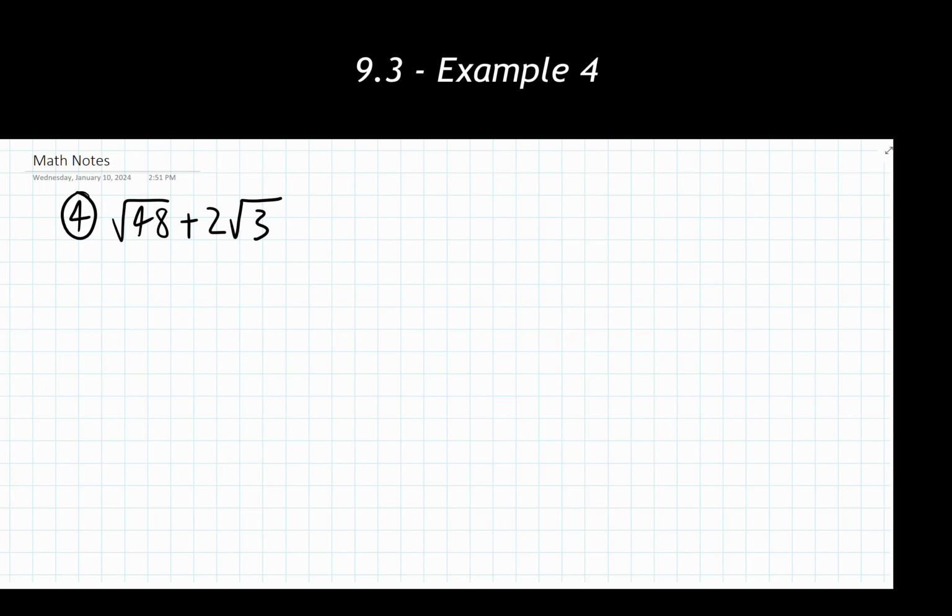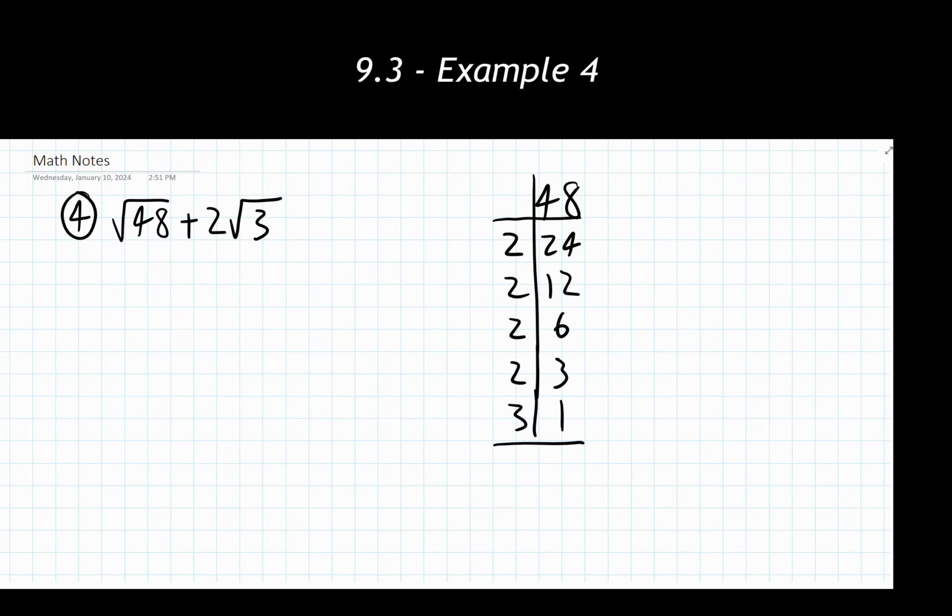So let's find the prime factorization of 48 like we've done in the past. It's in our table. So 2 goes into 48 24 times, 2 goes into 24 12 times, 2 into 12 6 times, 2 into 6 3 times. Pick the next prime number, that's going to be 3. 3 goes into 3 once, so I have my prime factorization listed all right here.